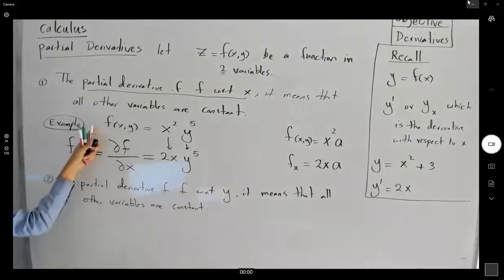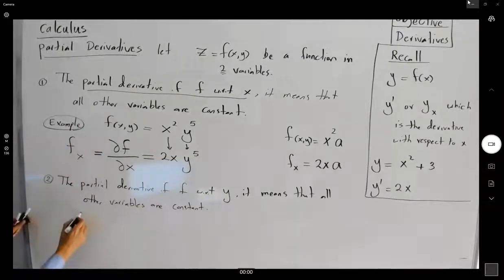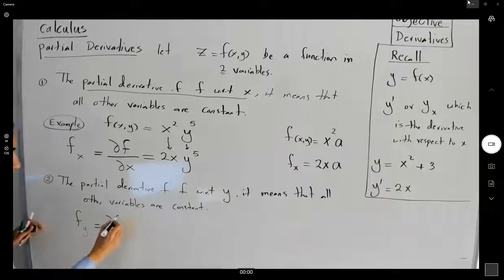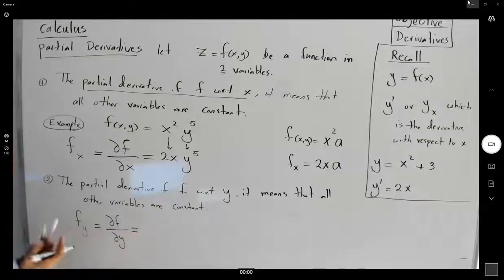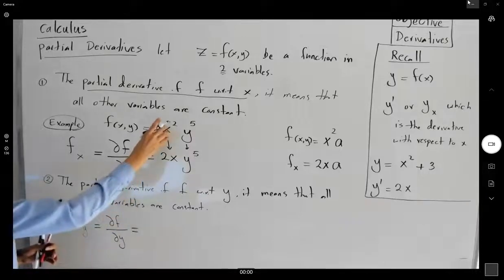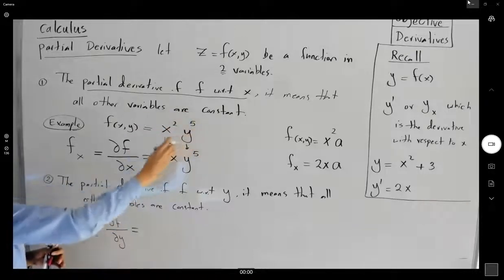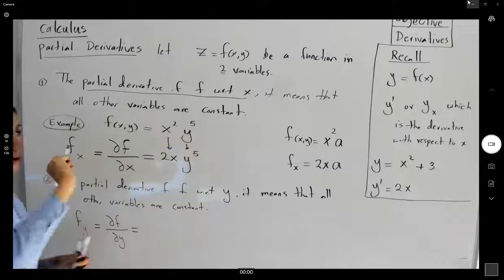So if I have the same function and I want to take the partial derivative of the function with respect to y, I'm going to write it down as f sub y, or partial derivative of f with respect to y. So again, note that when you're taking the derivative with respect to y, all other variables are constant.